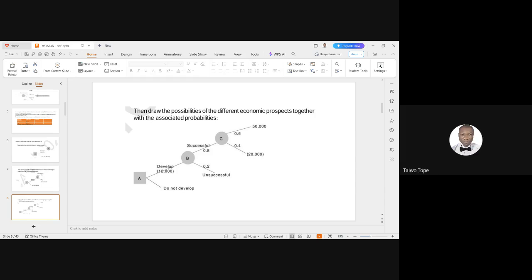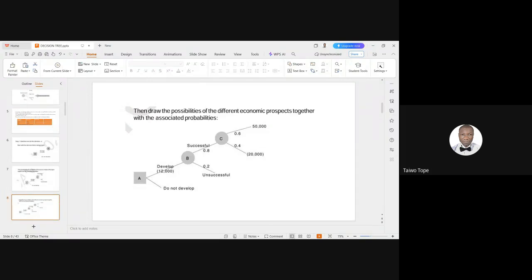Then 0.4 multiplied by the 20,000 loss will give us 8,000 loss.